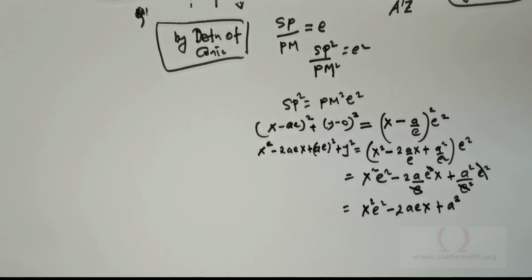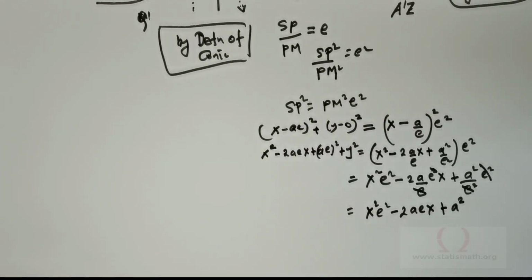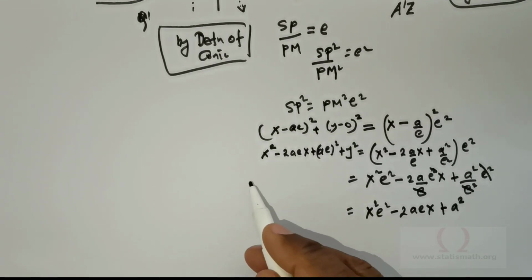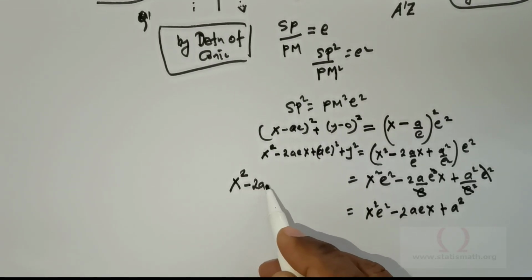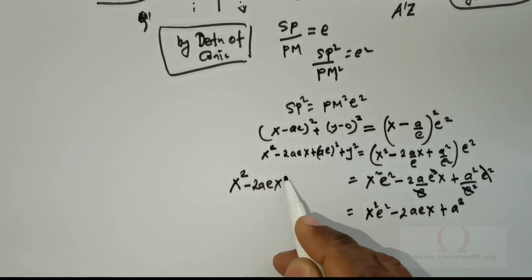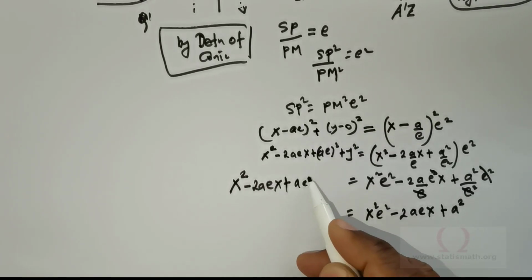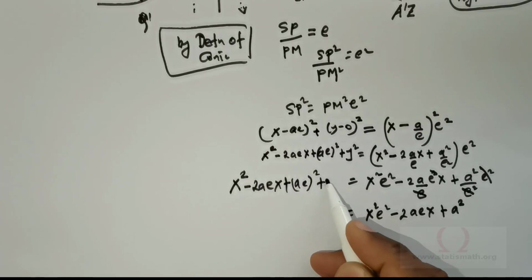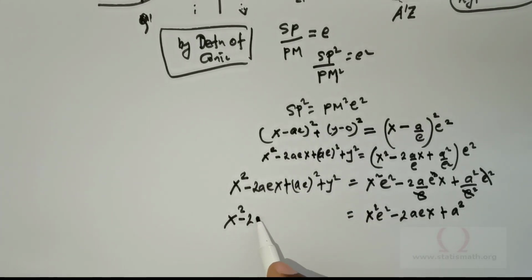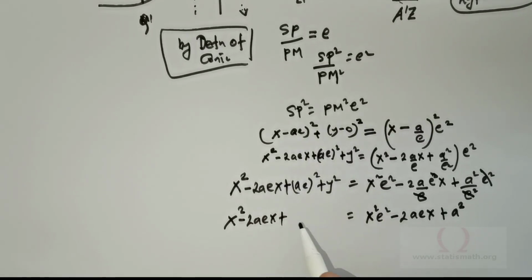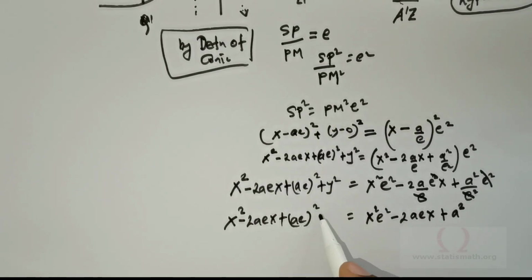So this is what I'm getting. Now on the left side, I'm going to rewrite the terms: x squared minus 2aex plus ae squared plus y squared.